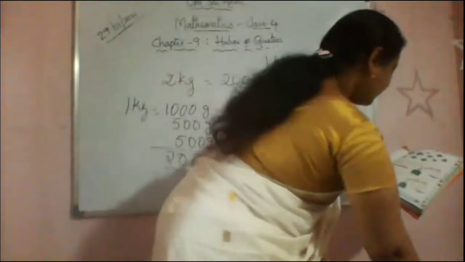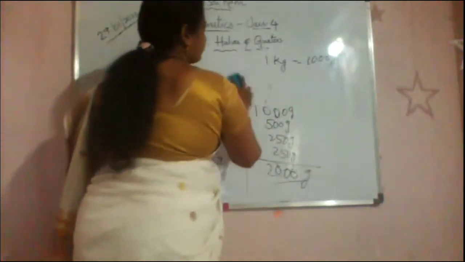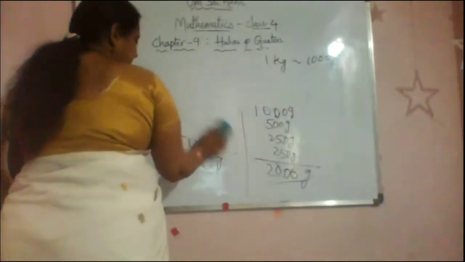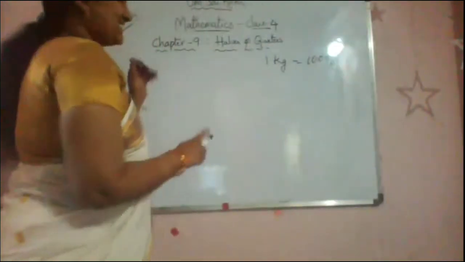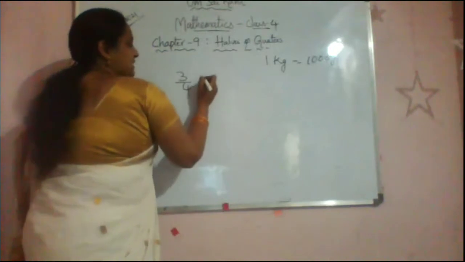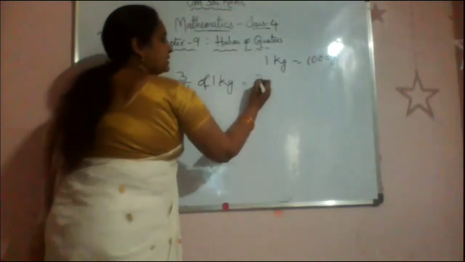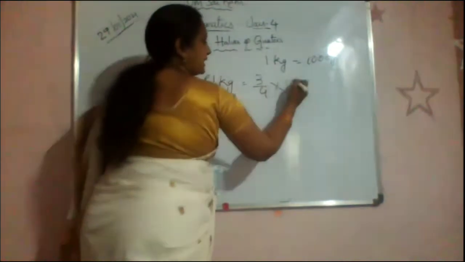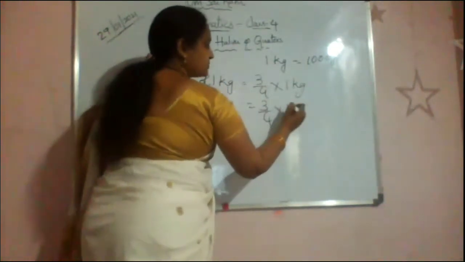How many different ways can you balance the weight of 3/4 kg? 3/4 kg means what? 750 grams. Yes, 3/4 of a kg. 1 kg means what, ma? 3/4 into 1000 grams.